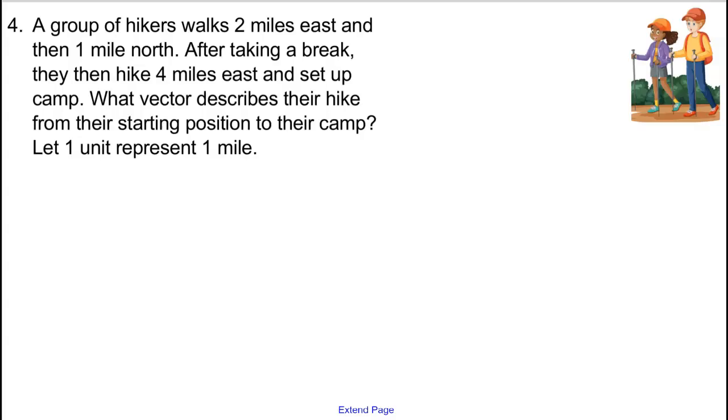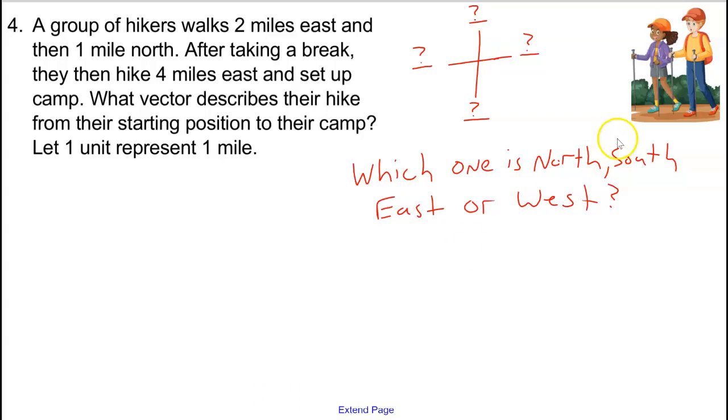So the first thing we've got to do is figure out north, east, west, and south. See if you can tell which one is north, south, east, or west. You don't have to write all of this, but just tell me what letter goes here, either N, S, E, or W in each one of these spots.